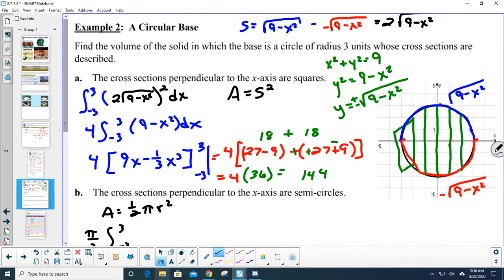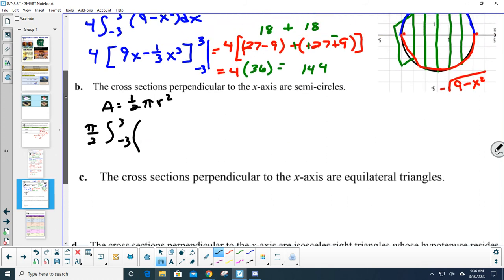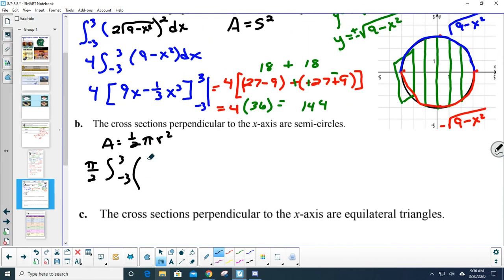So I'm going to say, oops, I forgot it. How bad is that? 2 square root of 9 minus x squared. And this is where people always get it wrong, because you have to remember, you have to divide that by 2 because that is your diameter. If I'm going from here to here and I have circles coming out of it, then my radius is half of that.